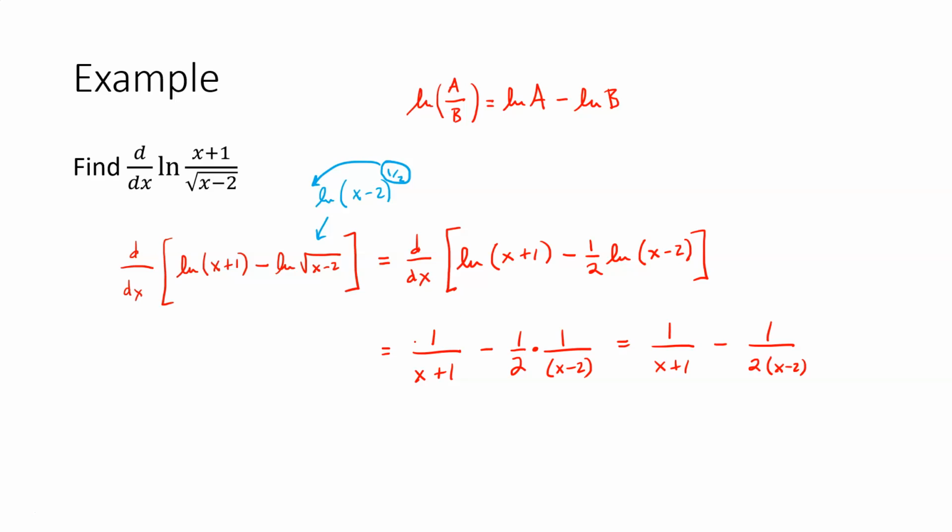Using these properties of logarithms to split them up into separate terms, and then taking any powers in front of the log as a constant multiple, allows us then to get a much simpler derivative. You can check that if you were to do this directly, you would perhaps get something a little bit different than what we see here, but it would be an equivalent answer. Just maybe a little more complicated, because then you're using the quotient rule.